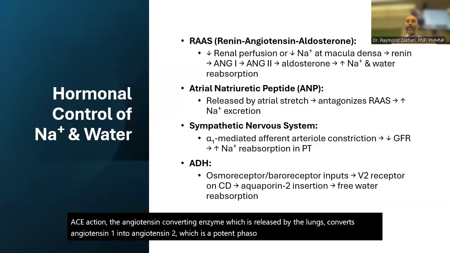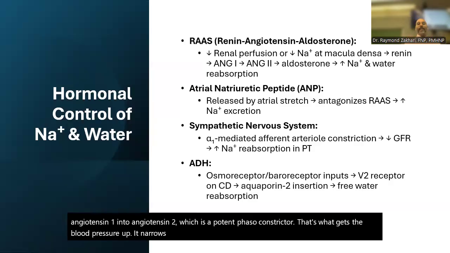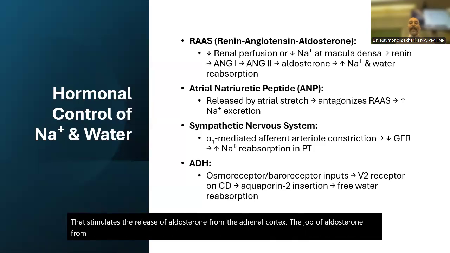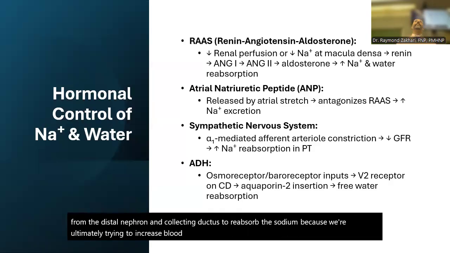That's what gets the blood pressure up. It narrows the blood vessels, and it raises systemic blood pressure quickly. That stimulates the release of aldosterone from the adrenal cortex. The job of aldosterone in the distal nephron and collecting duct is to reabsorb the sodium, because we're ultimately trying to increase blood volume and blood pressure.